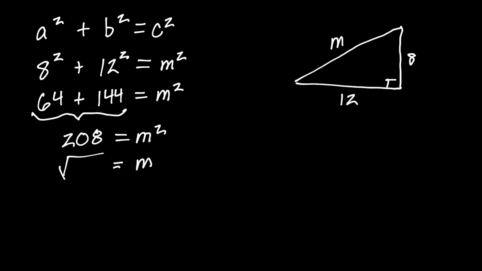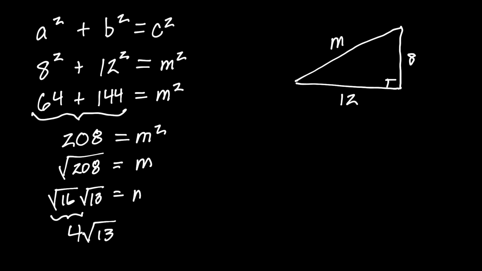So that is, m is the square root of 208, which simplifies because 208 is the same as 16 times 13. So that means the square root of 208 is the square root of 16 times the square root of 13. And the reason we do this is so we can extract this perfect square. So the square root of 16 is 4, and the square root of 13 does not simplify.